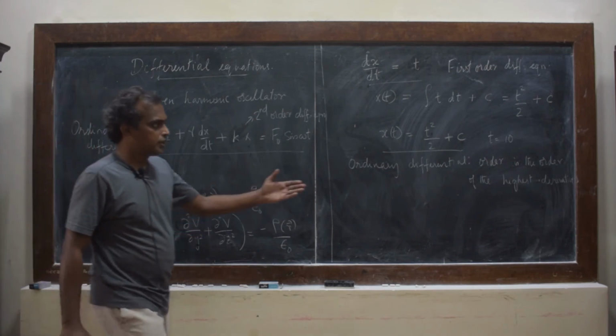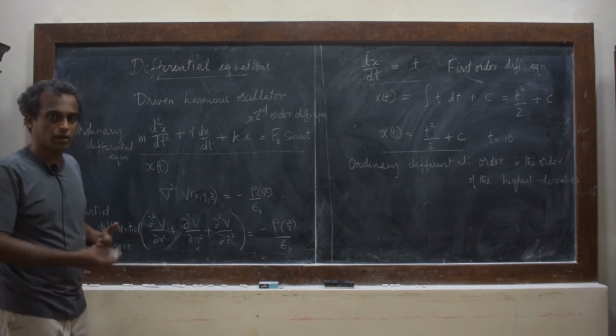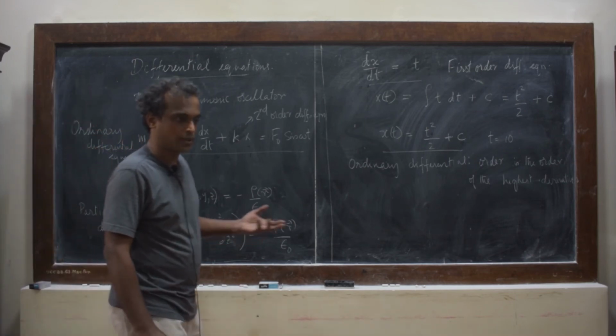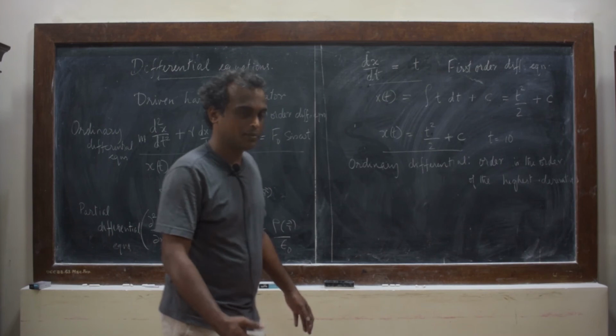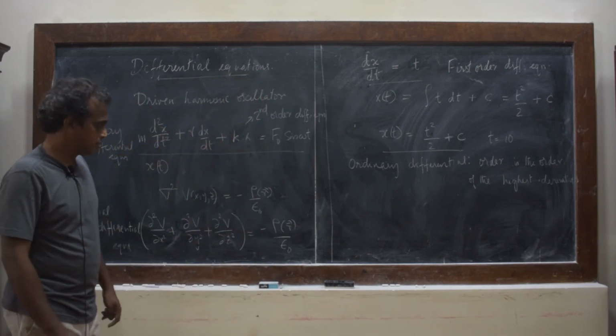Now, this statement about the order of the differential equation holds true even for partial differential equations, although we are not going to deal with partial differential equations due to the limitations with time that we have for this set of lectures.